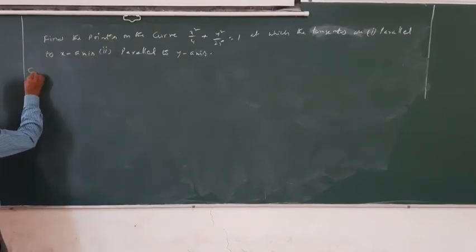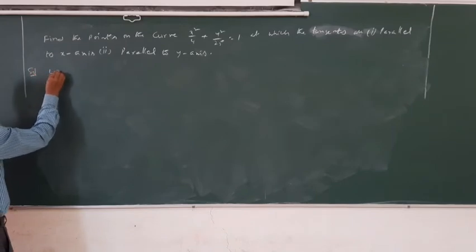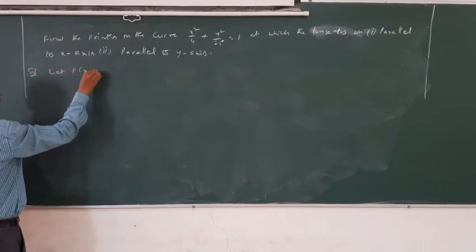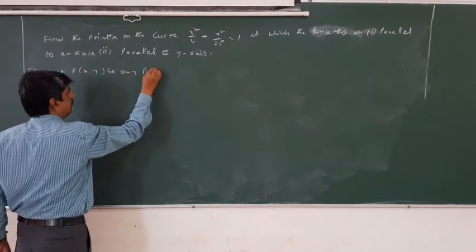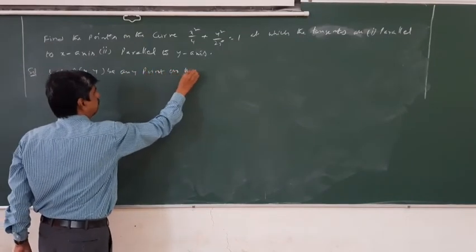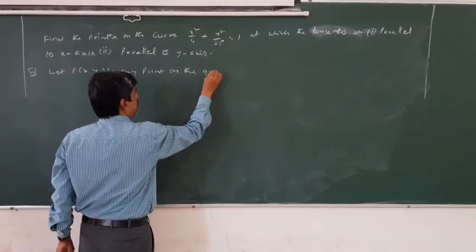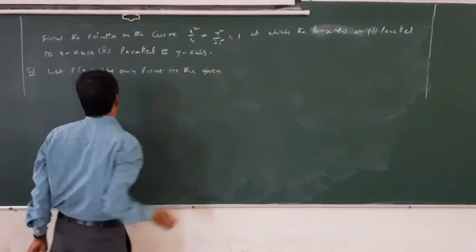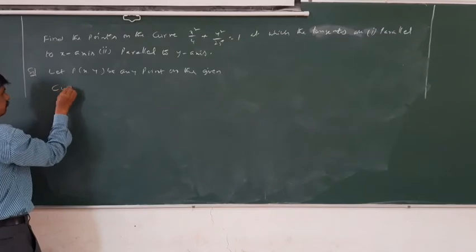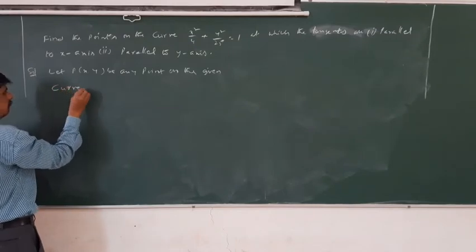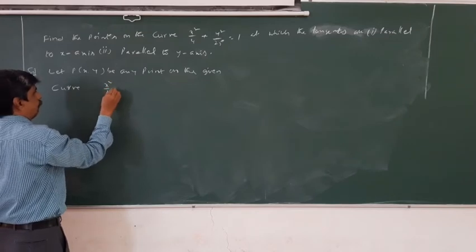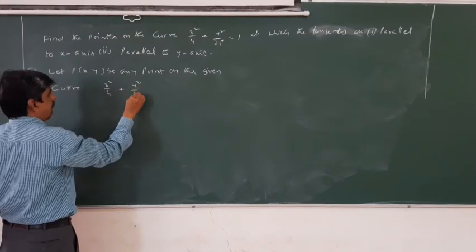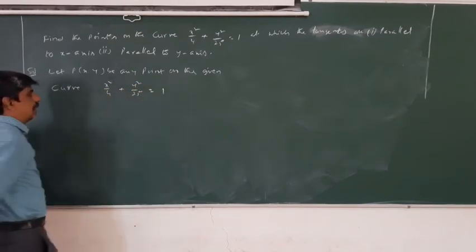So solution of this problem, let P(x1, y1) be any point on the given curve x square by 4 plus y square by 25 is equal to 1.